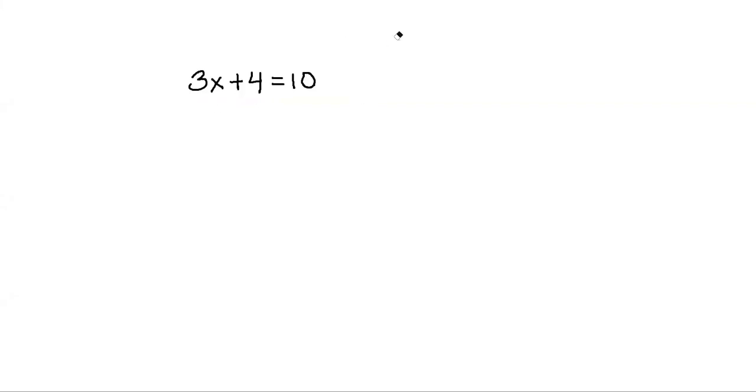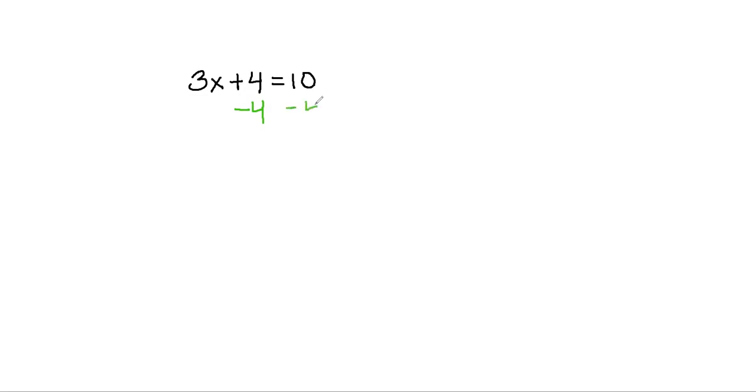So now that we have broken that down, let's look at what we can do in order to solve this equation. The first thing I would like to do is to go ahead and get rid of this positive 4. And I can accomplish that by doing the opposite. Since this is plus 4, I'm going to subtract 4 on both sides. When I say on both sides, that means on either side of the equal sign.